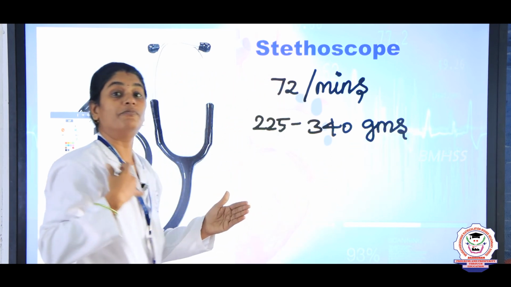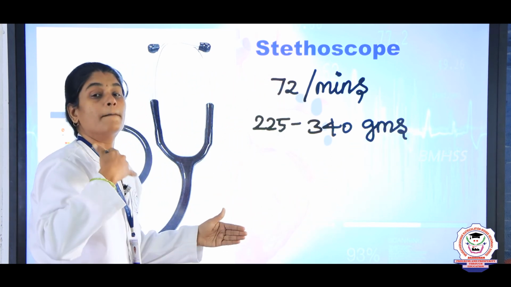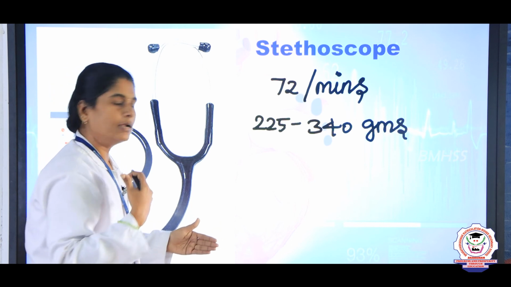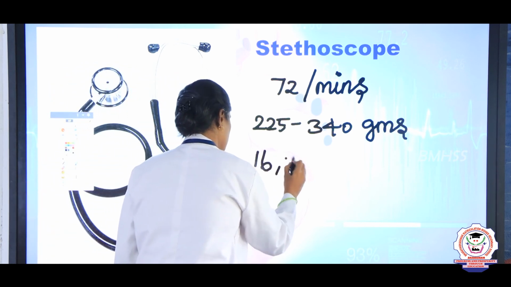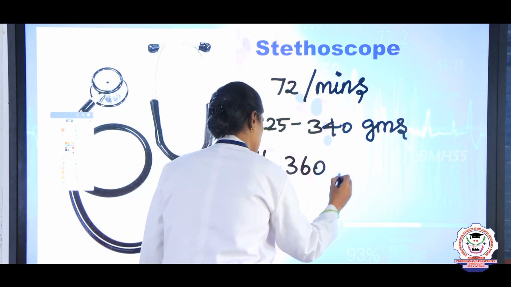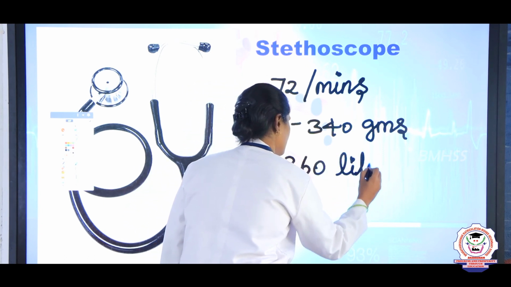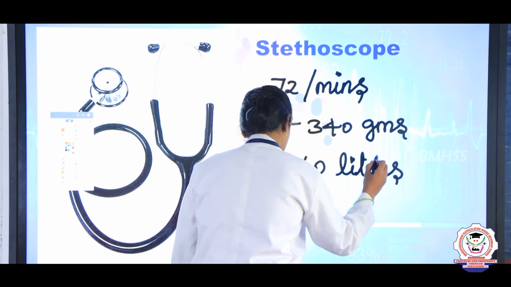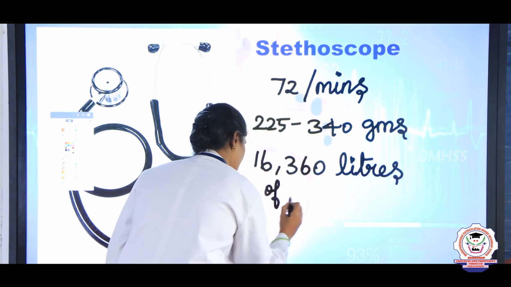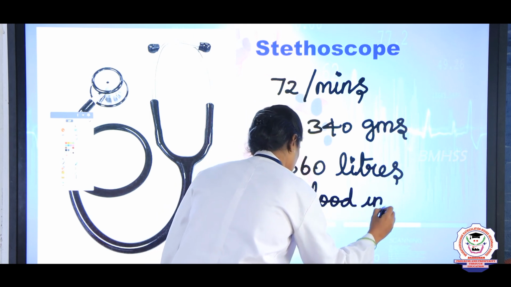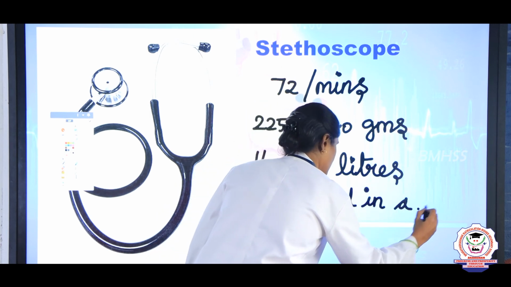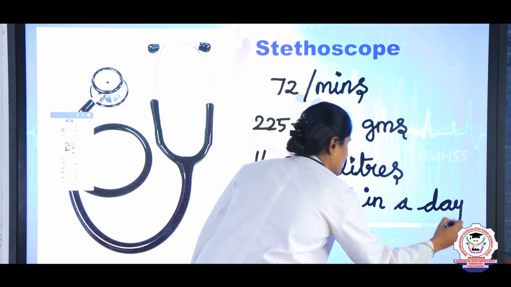And how much blood volume is pumped out by the heart in a day? In a day the heart receives 16,360 liters of blood, right?